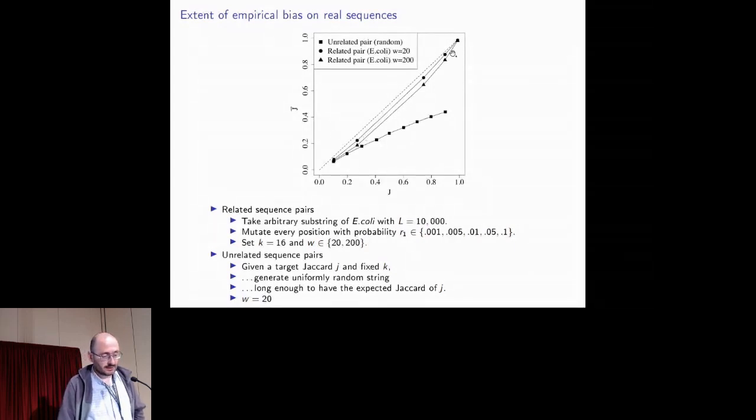Here for the related sequence curves, the bias is much smaller, but it's still substantial. So this intuitively matches the theoretical results from before, which hint that in general sequences that are unrelated will have a bigger bias than sequences that are related. So in that spirit, these results agree.